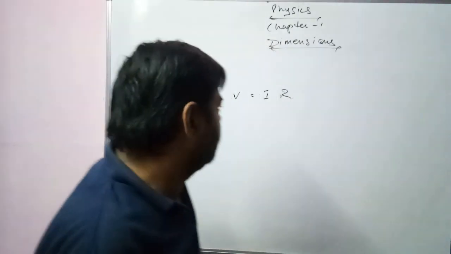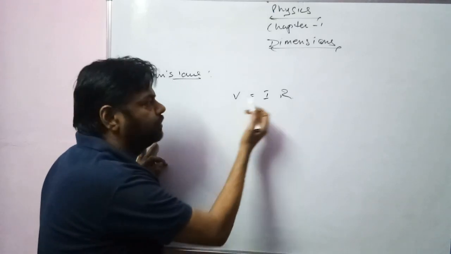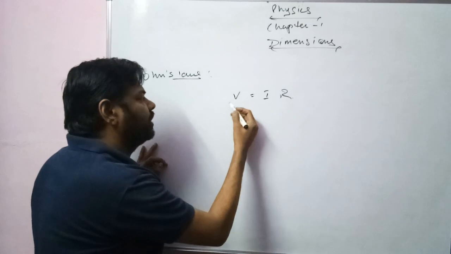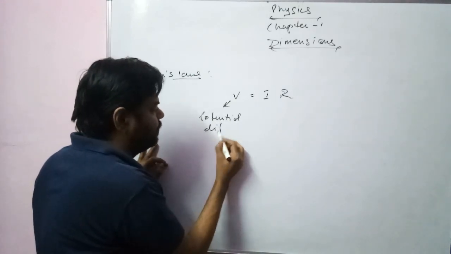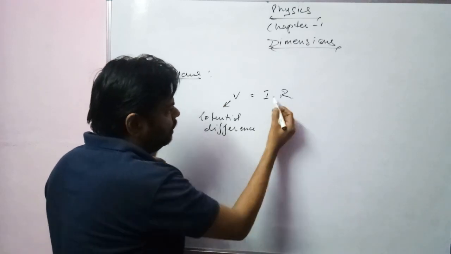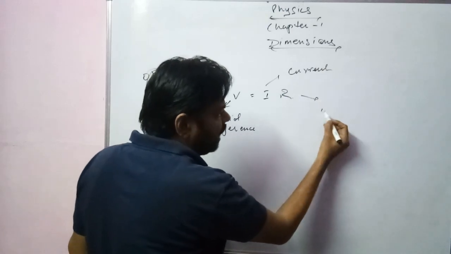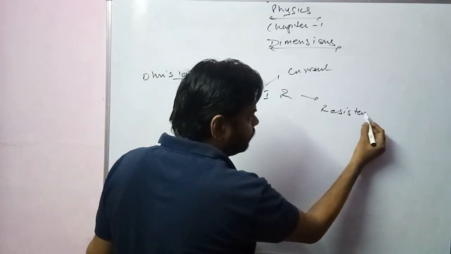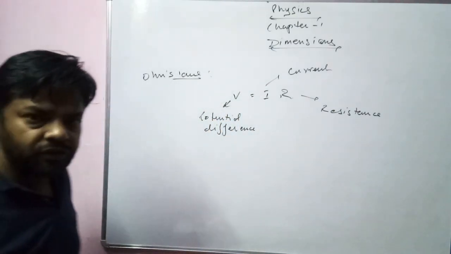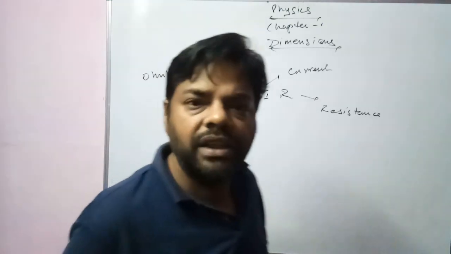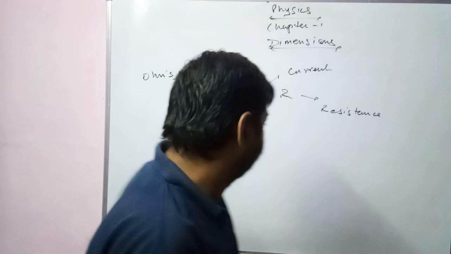This V is the potential difference, this I is the current, and this R is the resistance of the conductor. Got it, students?